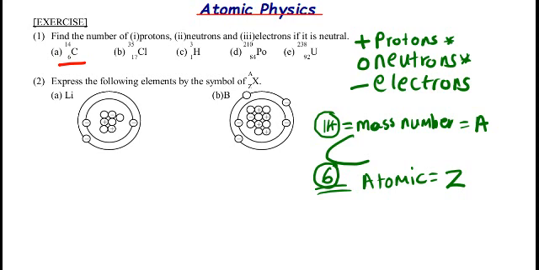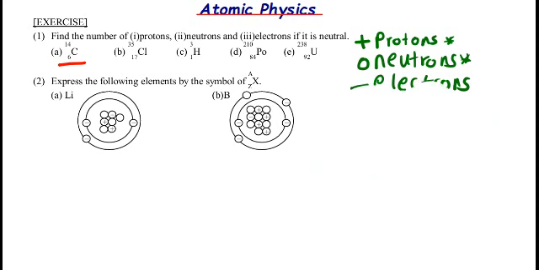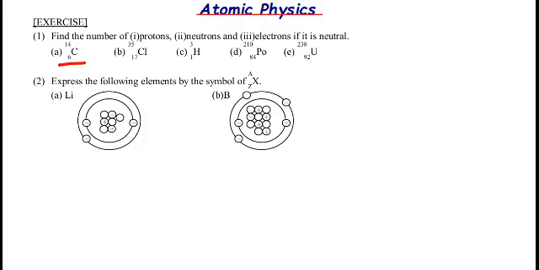Now in the question, they are saying we should find the number of protons, neutrons, and electrons. So what you do, you write your element there. We understand that the atomic number is the one which represents the proton number. So which simply means that the number of protons in this atom is 6. Now we have to come up with the number of neutrons.